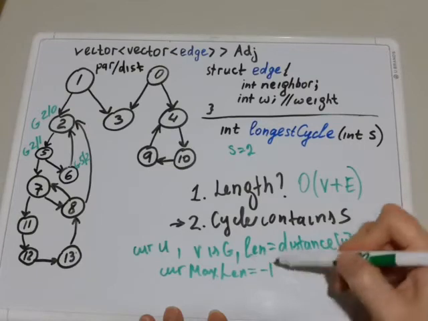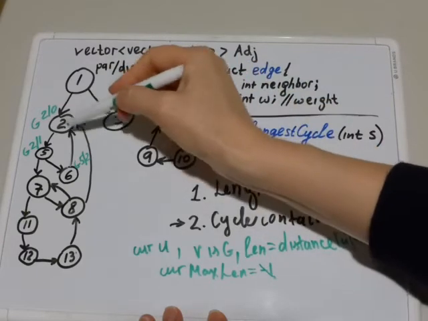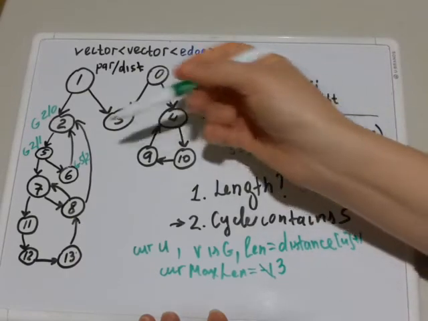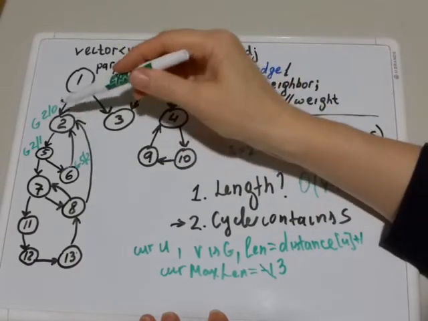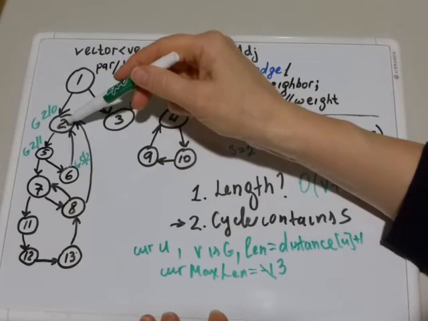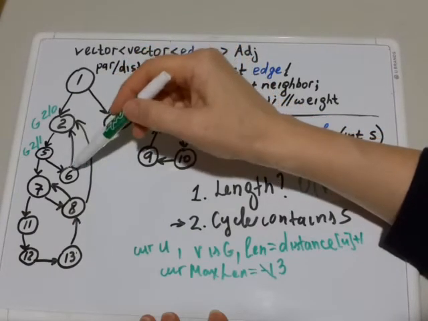So you update the max length to the length that you found right now. This is 3 in our case, and you continue searching. You shouldn't just return from here. You need to find the max length cycle. So you will return it back.